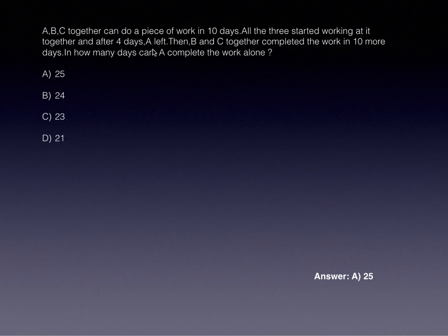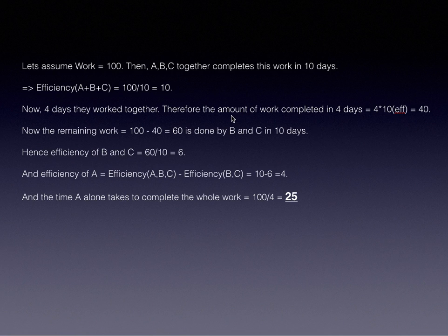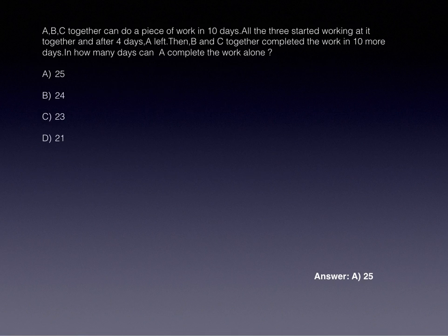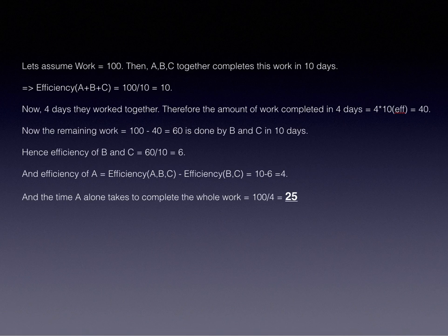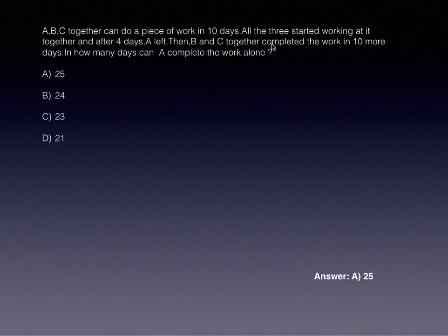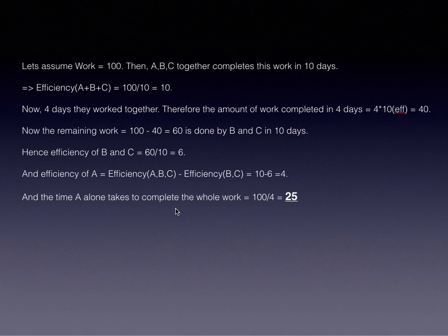A left after 4 days. Therefore, B and C have to finish 60 in 10 days, because it is given that B and C together completed the work in 10 more days.